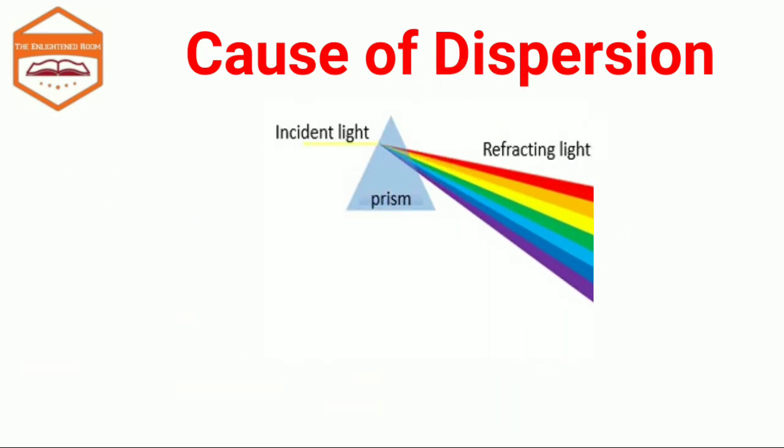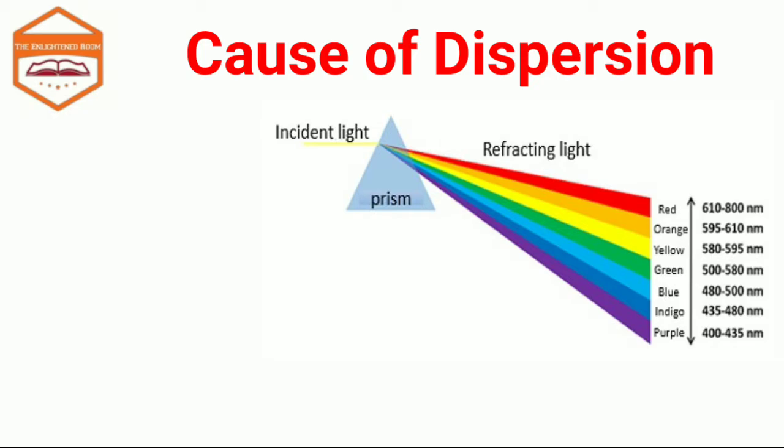Now, a ray of light on passing through a glass prism suffers 2 refractions: one on going from air to glass, and the other in going from glass to air. So the net deviation suffered by the ray varies directly as the refractive index of the material of the prism.